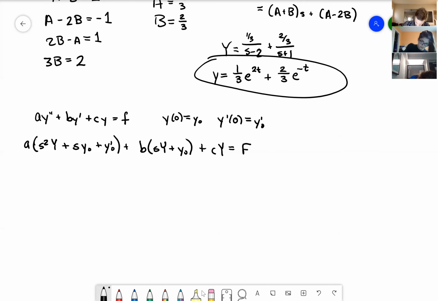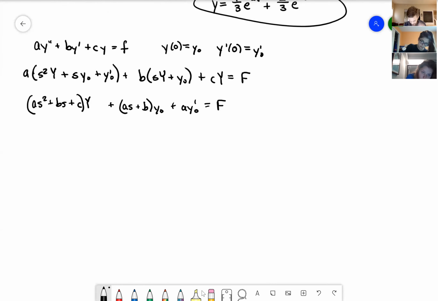Okay. Now collecting Y's together, I get (a s squared plus b s plus c) Y. And then all the other stuff, well, let's collect together the y(0)'s: (a s plus b) y(0), and then a y'(0), with capital F. I've done nothing but rearrange at this point.